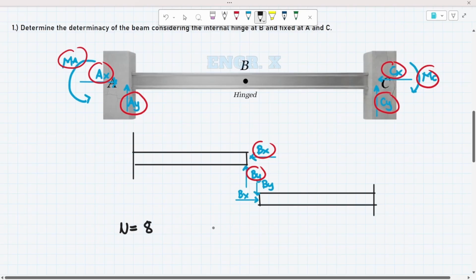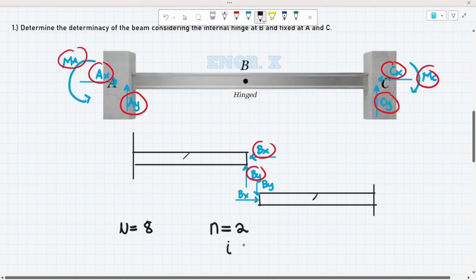How about our number of parts? N. N is, again, yung hinge ay madi-divide na yung beam into two independent parts. So we have one part here and another part here. This is equal to 2. With this, we can now solve for the indeterminacy of the beam.